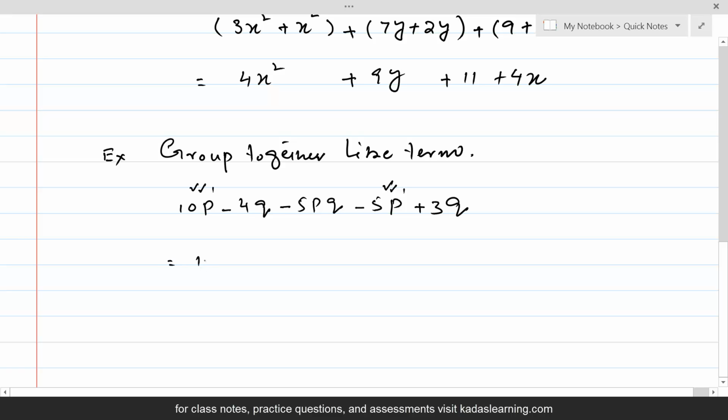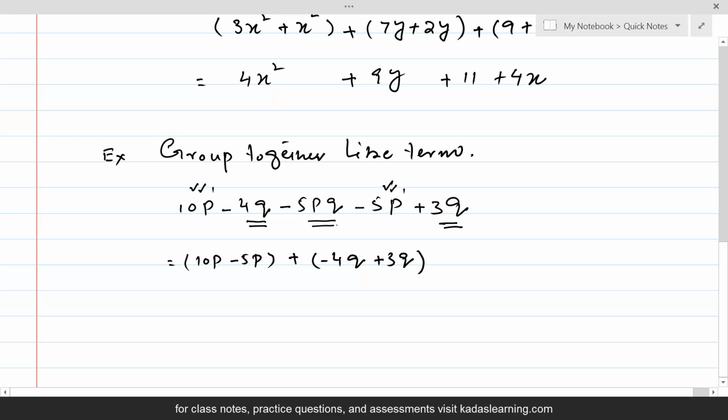So this will be 10p minus 5p. And minus 4q is just like 3q because both have the same variable. That's why we can group them together as well. Minus 4q plus 3q.